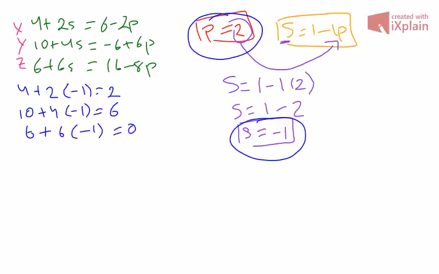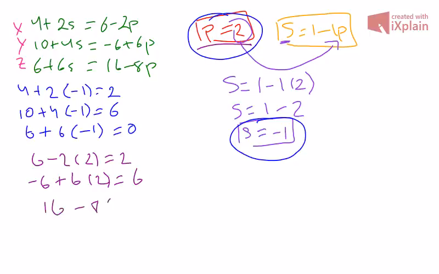We can also substitute our p value to see if we get the same coordinates. 6 minus 2 times 2 is equal to 2. Negative 6 plus 6 times 2 is equal to 6. And 16 minus 8 times 2 is equal to 0.